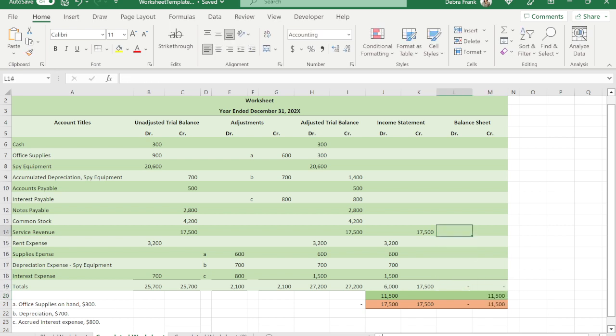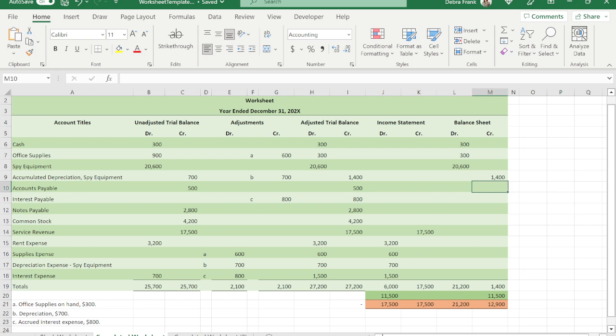All right, let's plug in our balance sheet items. The first one we had was a debit for cash, 300 bucks. Office supplies, 300 bucks. Don't get tricked. Don't look at that far right, left one, I mean, right here, right? And then 20,600. And then we have our credit for our contra asset.